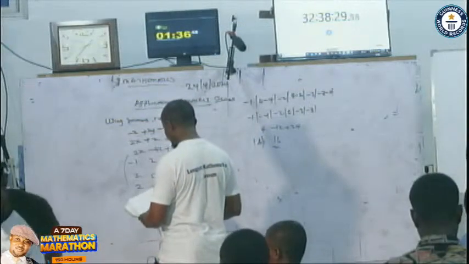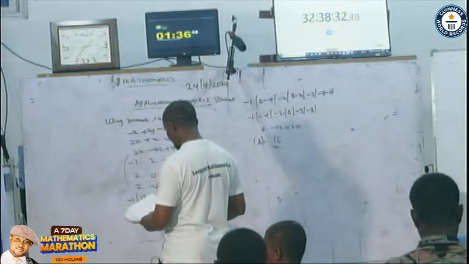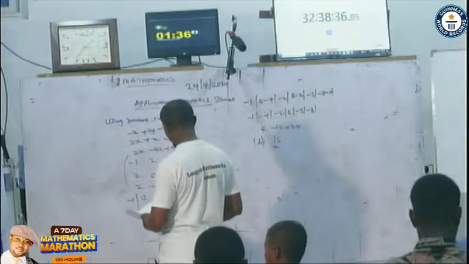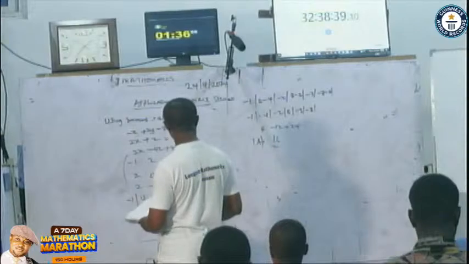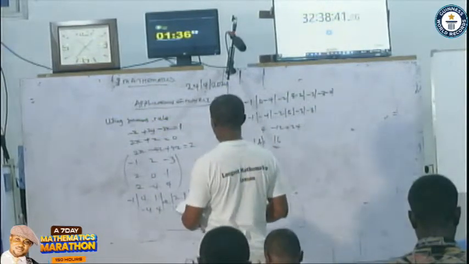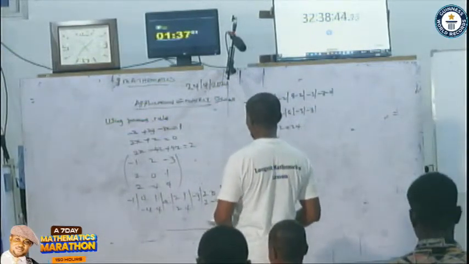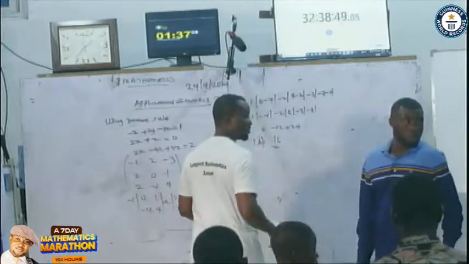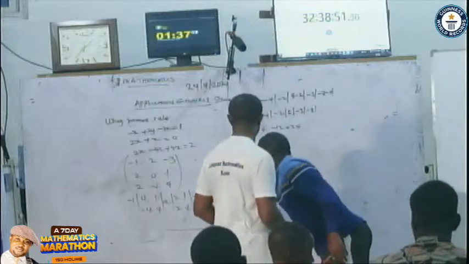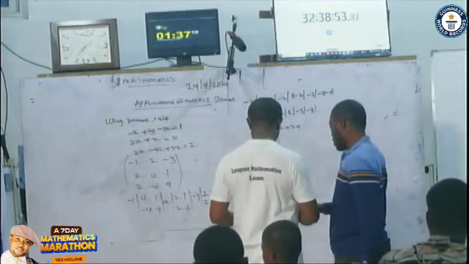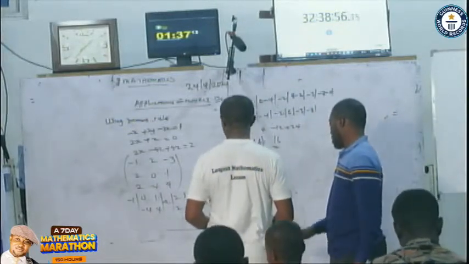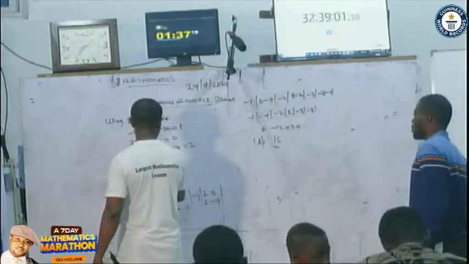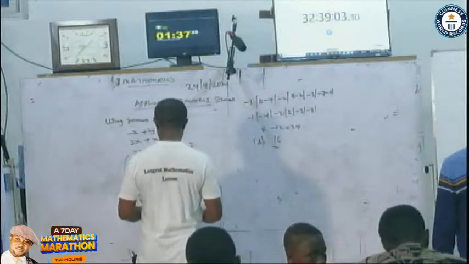The matrix is 0, 1, minus 1, minus 2, 2, 1, 3, 4, minus 3, 2, 0, 2, minus 4. It is 0, 0 minus. Minus 3, 2, 0, 2, minus 4.